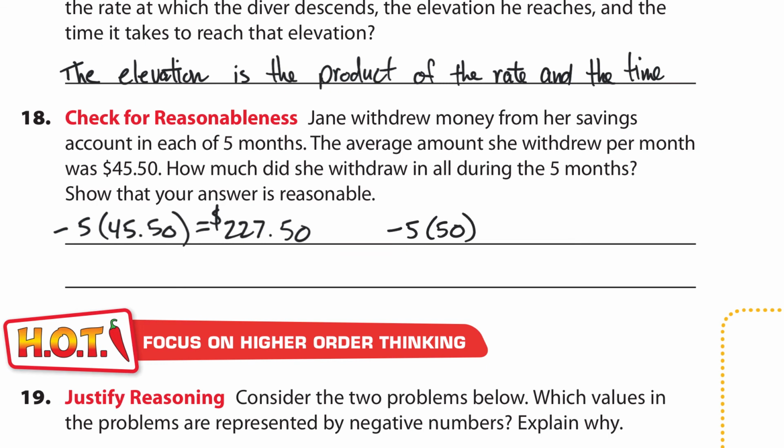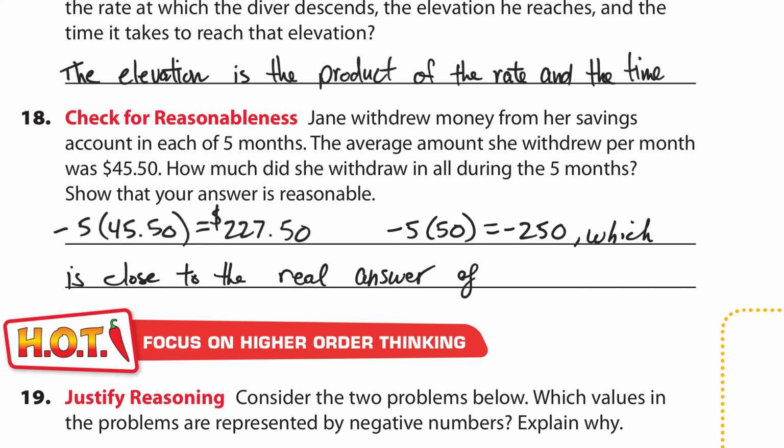Instead of 45.50, how about just round it to $50, which is equal to negative $250, which is close to the real answer of 227.50. Yeah, it's not too far off there. You're comparing that rounded answer to the actual answer. It's reasonable.